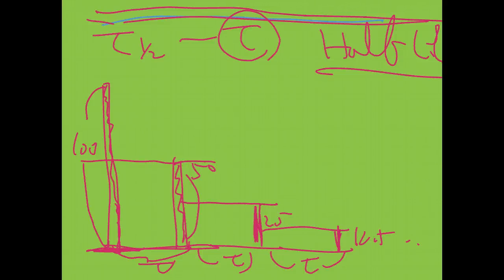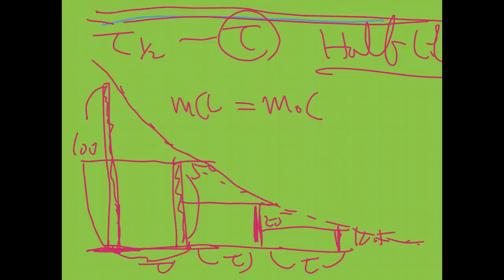If you look at this and try to formulate what it is, initially it is 100 grams, 50 grams, 25 grams, 12.5. If you look at the dots together, it will be basically exponentially decreasing. Initially this was the original mass, and we are going to have mass as a function of time.